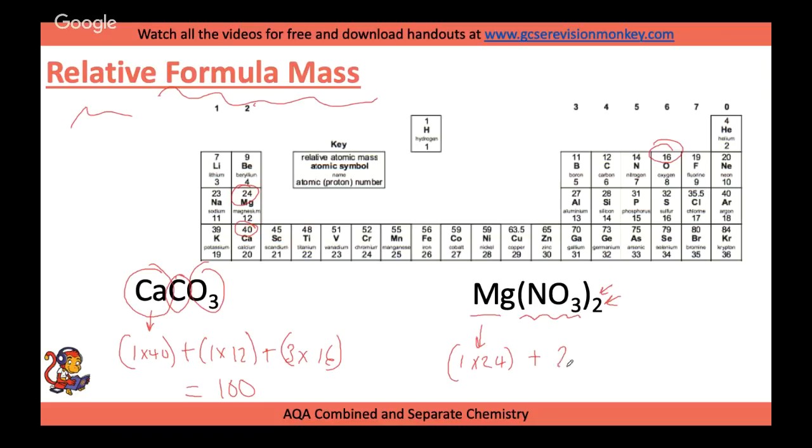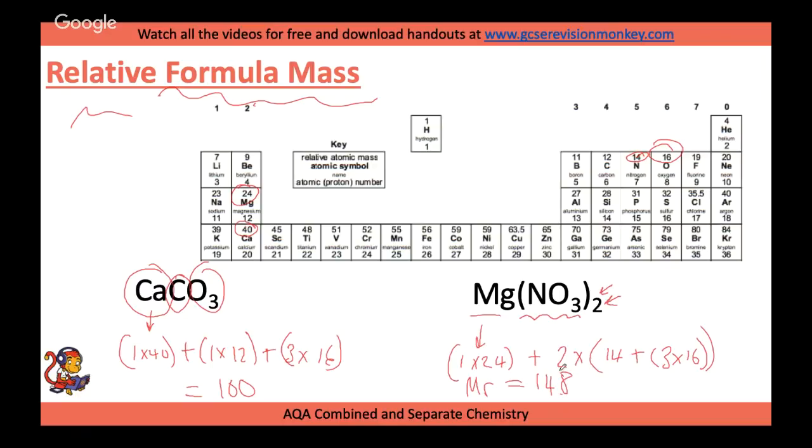So we need to add that to 2 lots of 14 for nitrogen, and then 3 lots of 16 for the oxygen. And if we do that, we will get a total relative formula mass of 148. And you may well see that written as MR, relative formula mass.